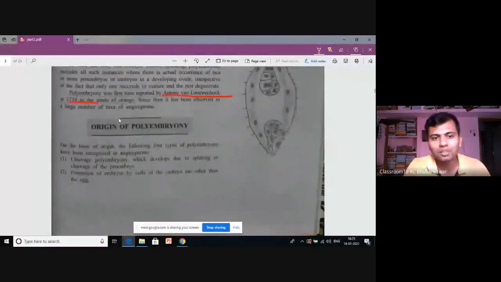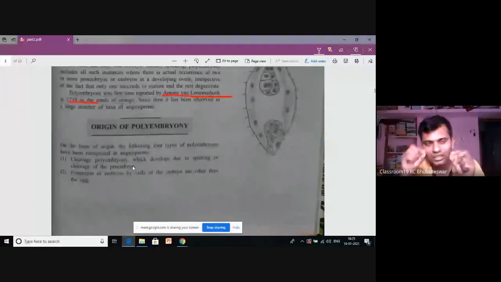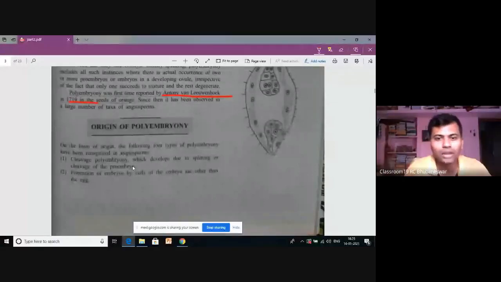The major causes are, first, cleavage polyembryony. It means suppose we have a seed with one embryo. If this embryo divides into two embryos, that also causes polyembryony.